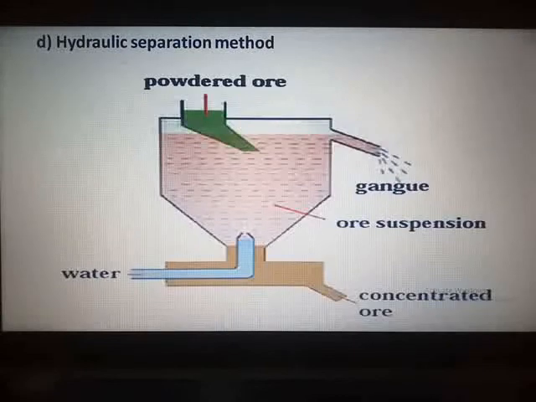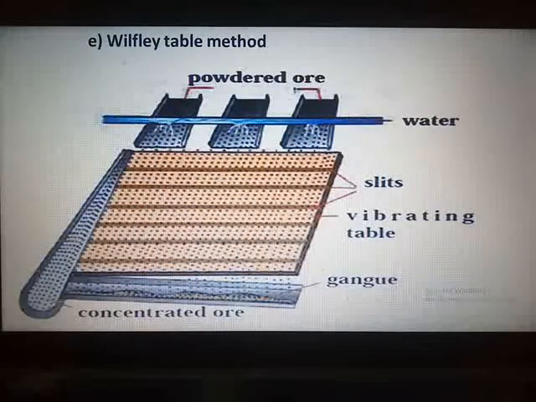And one more I have added here as an additional diagram, E. It is not given in the textbook, Wilfley table method. The diagram is on page number 100, figure 8.8. So all these 5 diagrams should be drawn in the notebook.